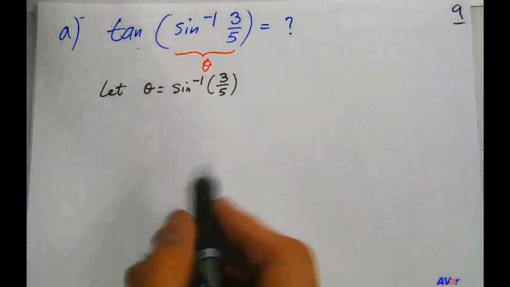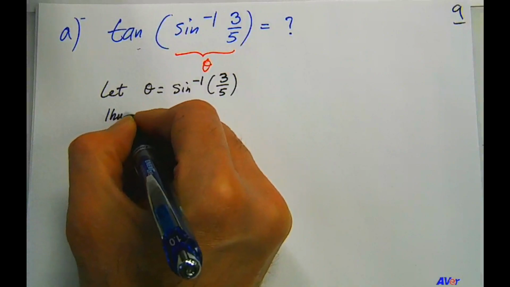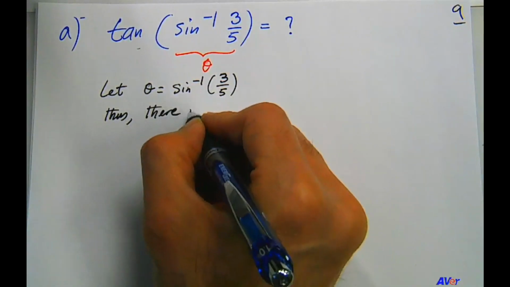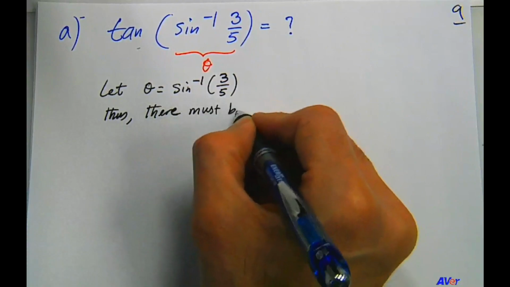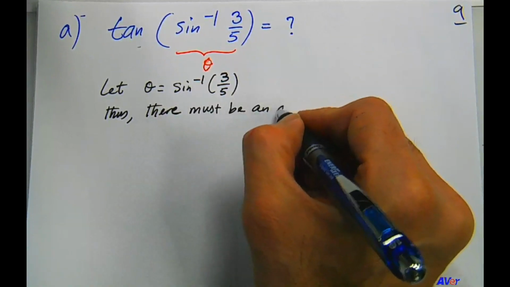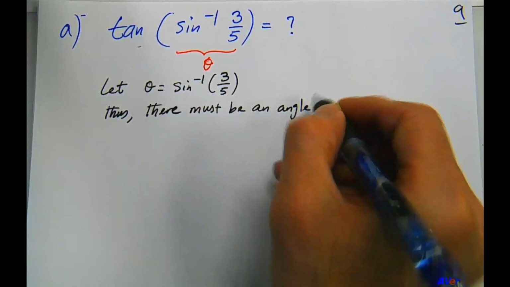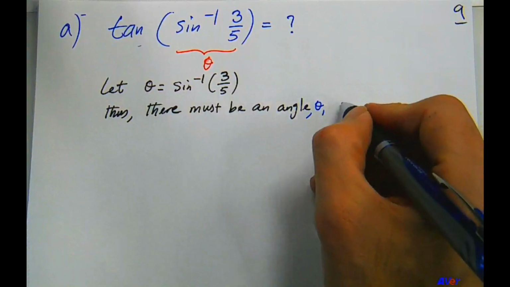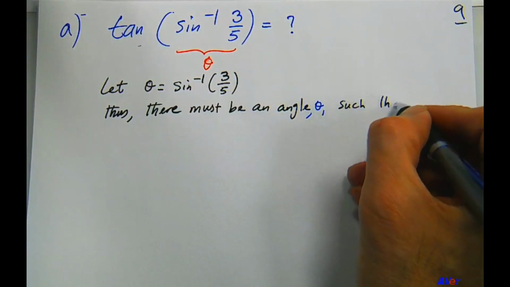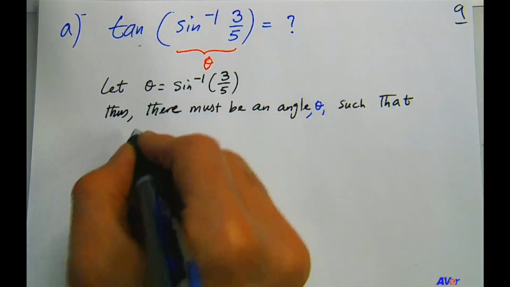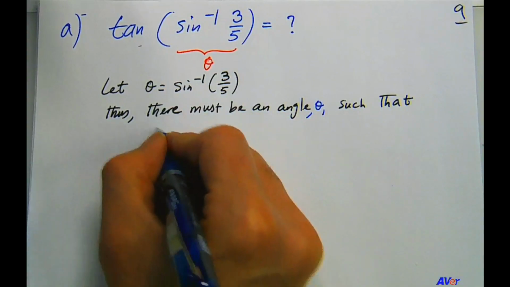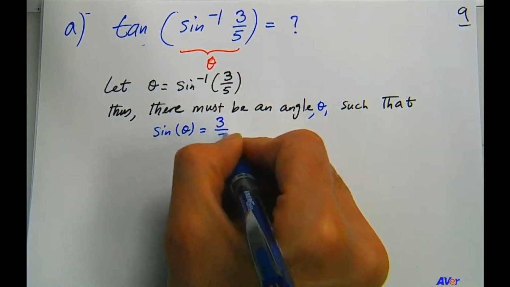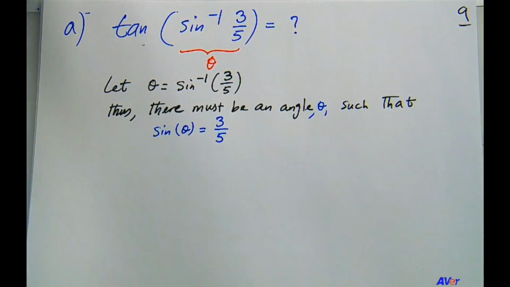So given that, there must be an angle theta such that sine of theta is equal to 3 over 5, right?